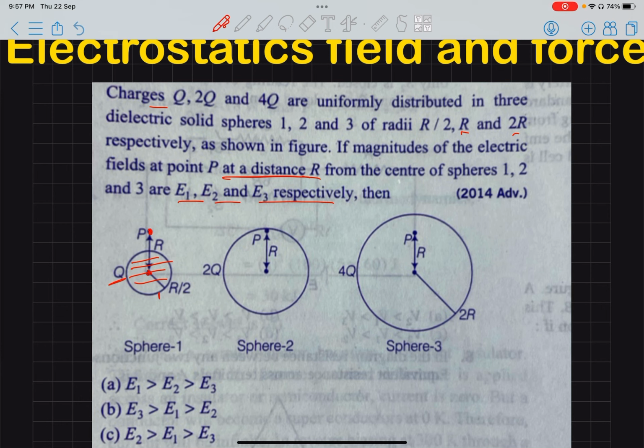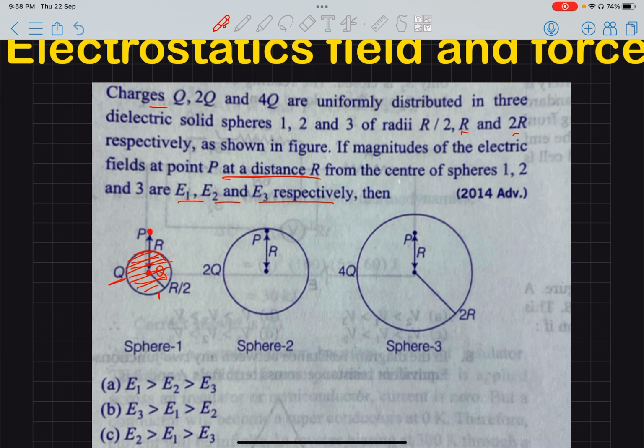So what I'm saying is this: if we want to find the electric field at a point outside the sphere, then all the charge distributed throughout the sphere could be considered accumulated at the center of the sphere. So we can find the electric field as if there is a charge Q situated at the center of the sphere instead of considering the whole distribution.